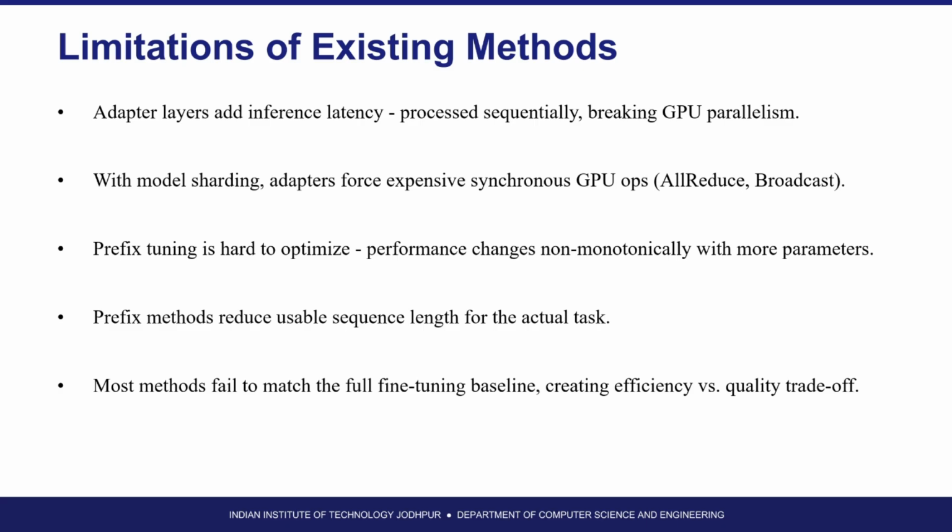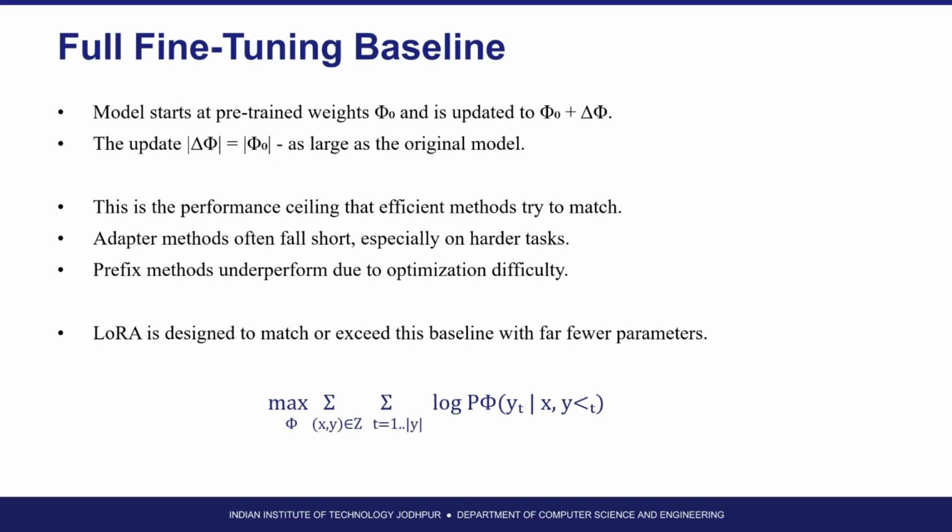Performance changes non-monotonically as you add more trainable parameters, so it's not the case that more parameters means better. Also, the prefix tokens eat into your usable sequence length, which hurts the actual task. And the biggest issue, most of these methods fail to match the full fine-tuning baseline. You are always making a trade-off between efficiency and quality.